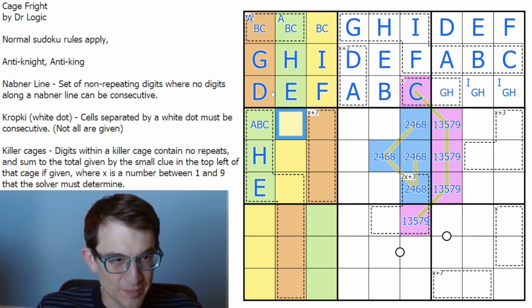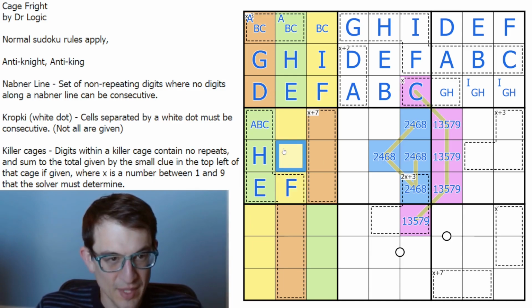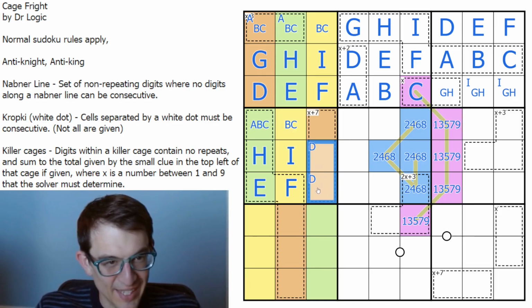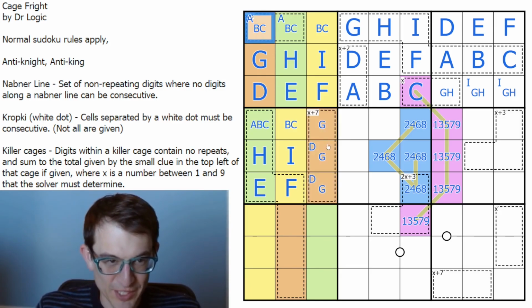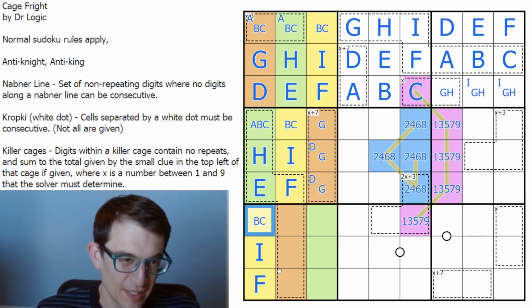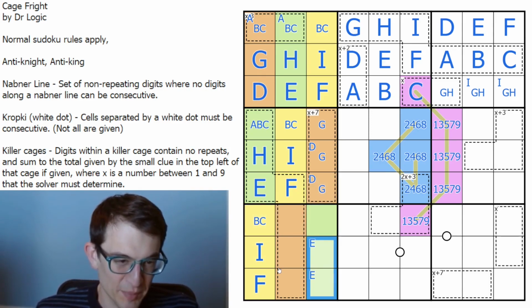And then I can place F here. I, and then this is either B or C. This I can't do as well. And then A, this orange cell could be anywhere. But I can place F and I here as well. And then I can put E in one of these and H in one of these, right?